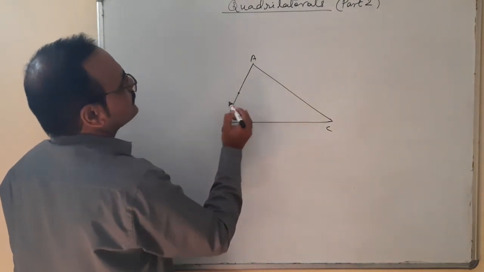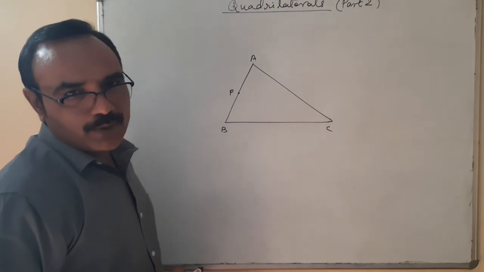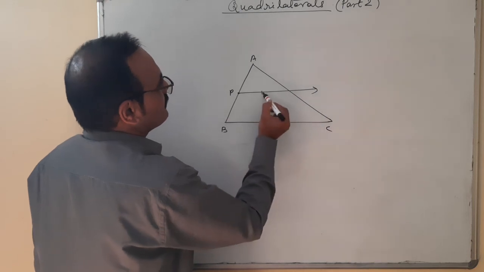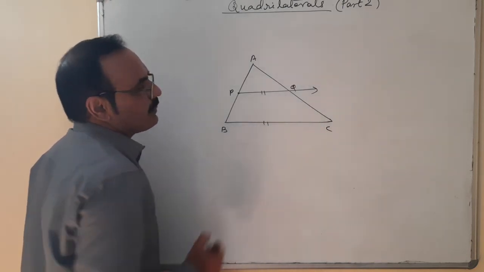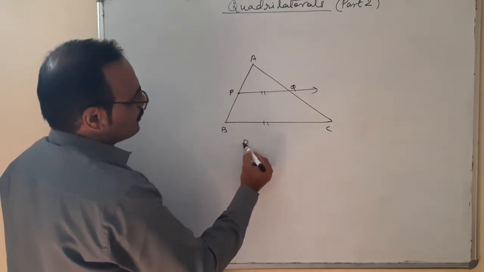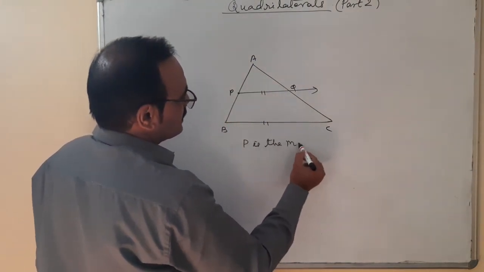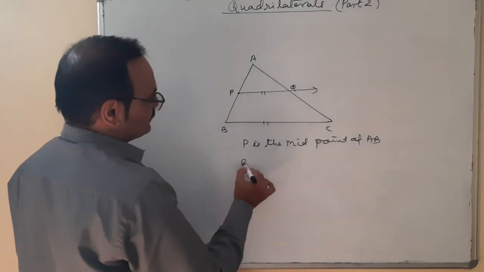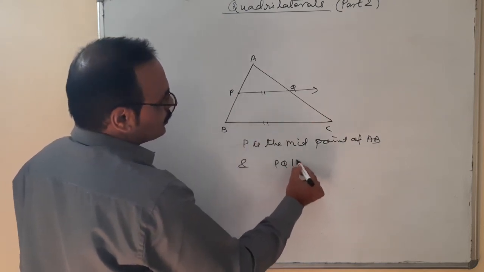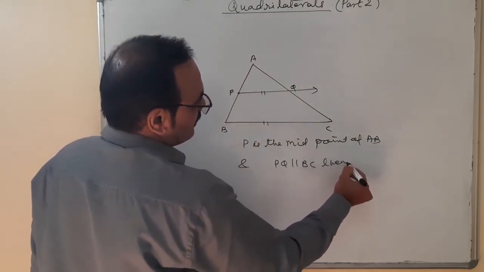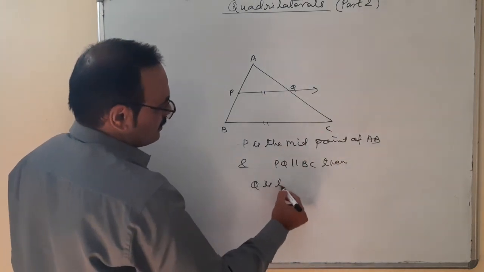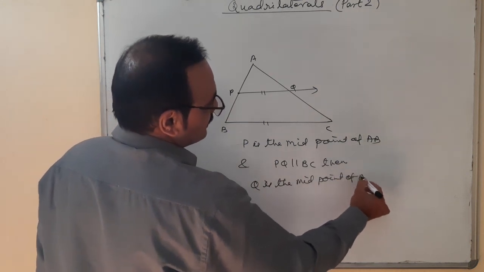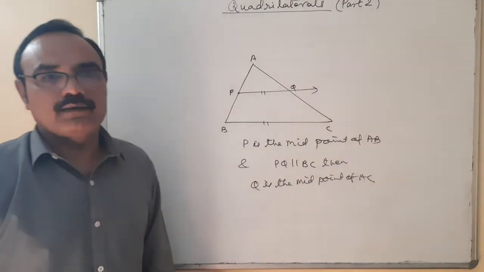A line drawn through the midpoint of one side. Suppose there is a midpoint. A line drawn through the midpoint of one side, parallel to another side, bisects the third side. So that means if it is given that P is the midpoint of AB and PQ is parallel to BC, then Q is the midpoint of AC.